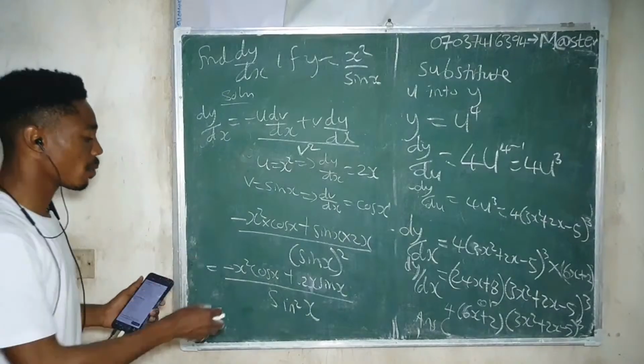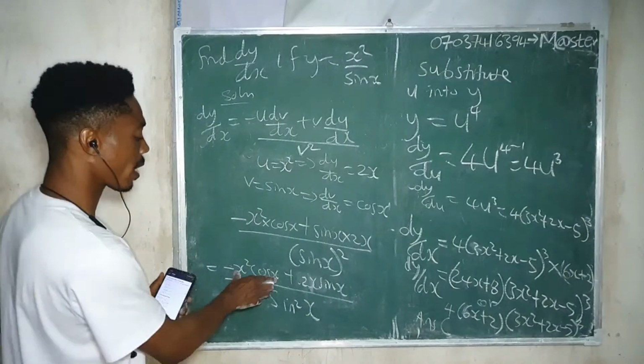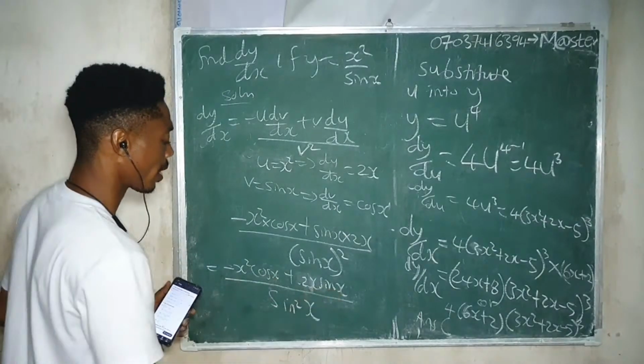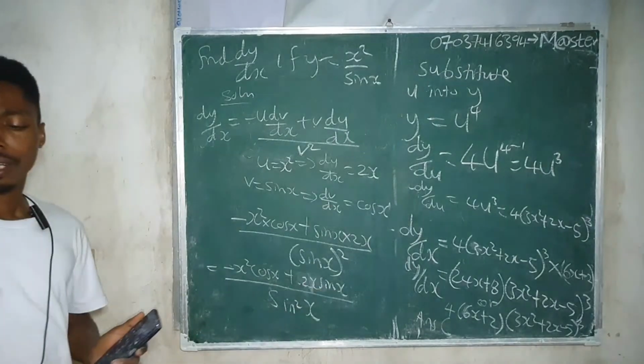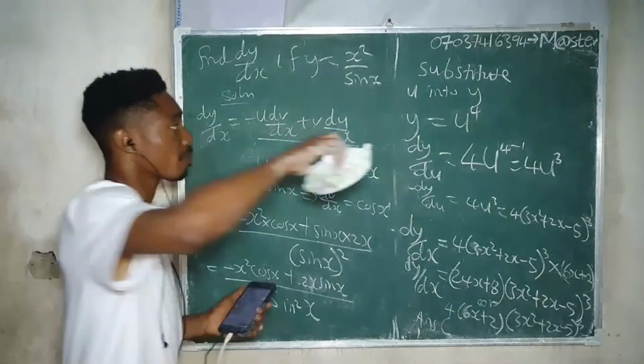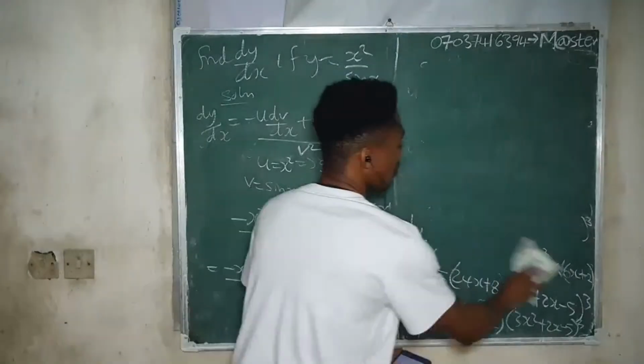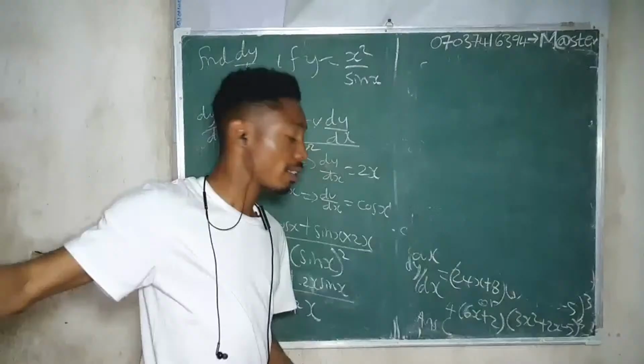Minus x squared cos x plus 2x sine x is the same as 2x sine x minus x squared cos x. So a more proper form of representing that is 2x sine x minus x squared cos x all over sine square x.